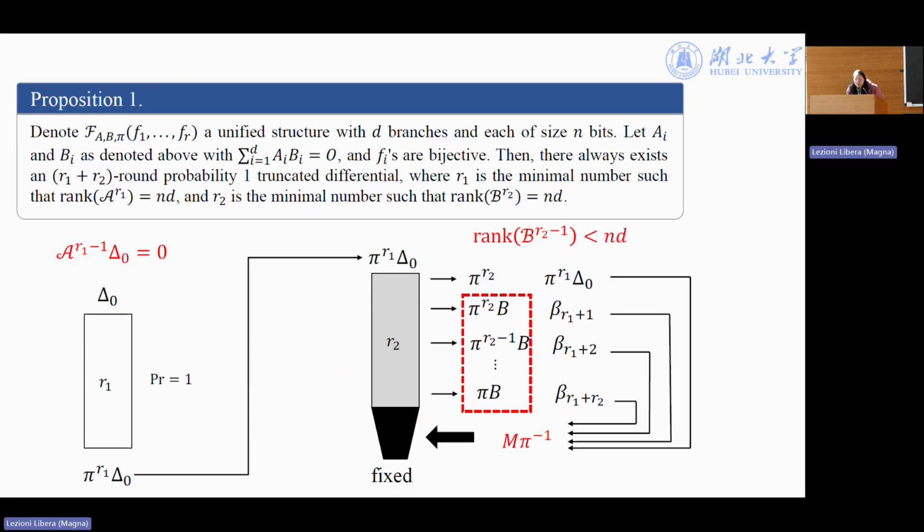And then we can further prove that there always exists an R1 plus R2 round probability 1 truncated differential, when the ranks are equal to D. This means we can construct an R1 plus R2 round distinguisher for this united structure.